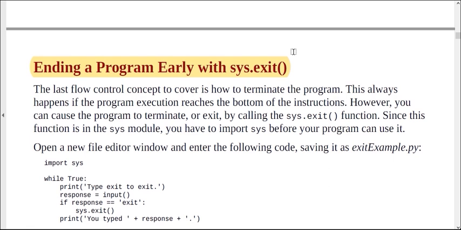But what if we want to terminate the program forcefully? Then we can use the sys.exit function. And since this function is in the sys module, you have to import sys before your program can use it.